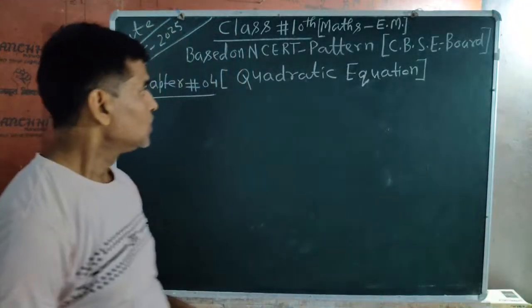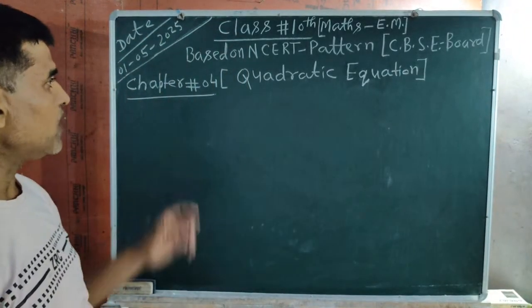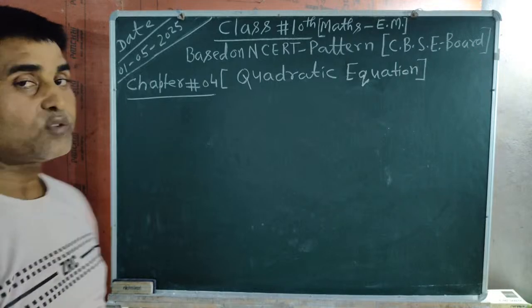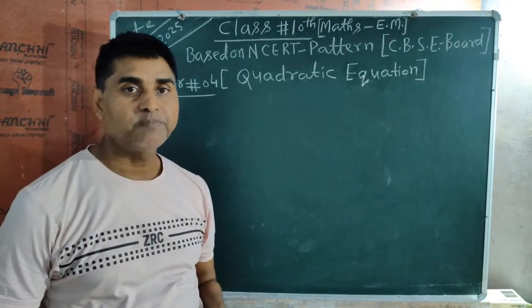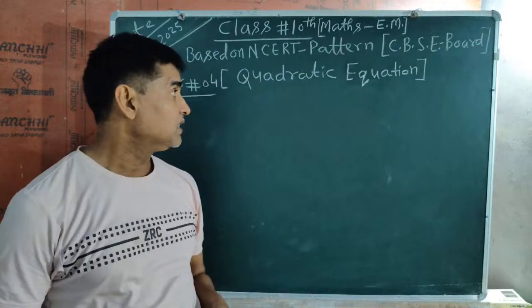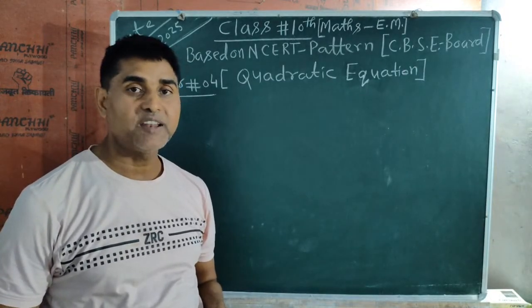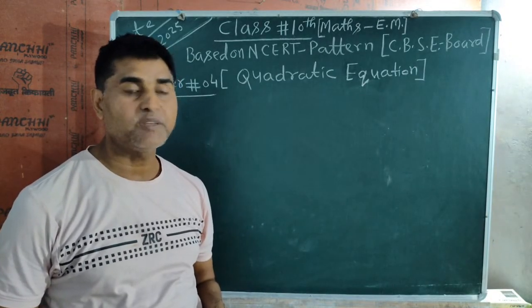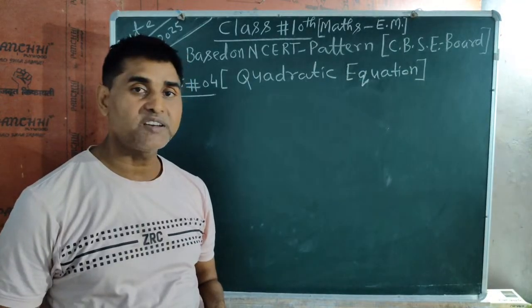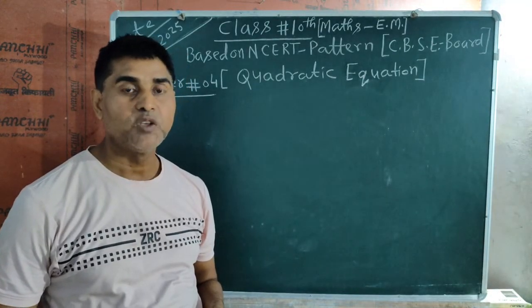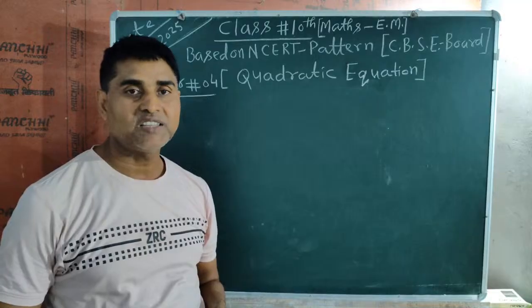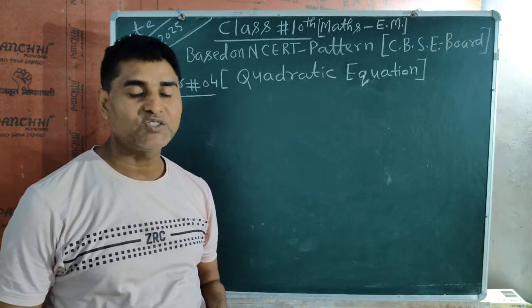Okay student, here we have to explain the concept of quadratic equation. First of all I will explain it in 4 steps. The first step will be quadratic equation and its solution: if any quadratic equation is given, how we will get its solution.